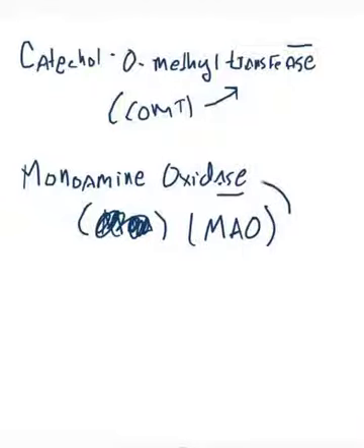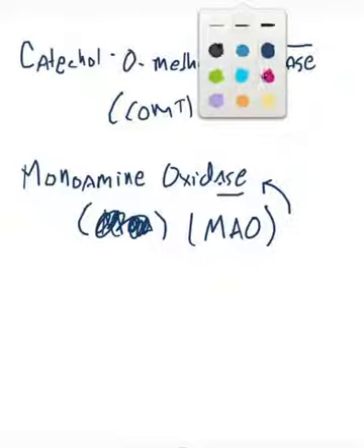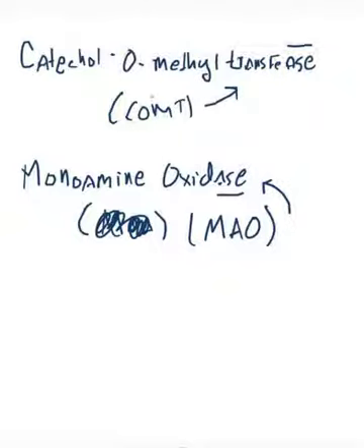When we look at the names, they tell us a little about what these do. Catechol refers to the catechol nucleus of the adrenergic-like molecule, the benzene ring, and O-methyltransferase basically transfers a methyl group to the catechol nucleus of the molecule.